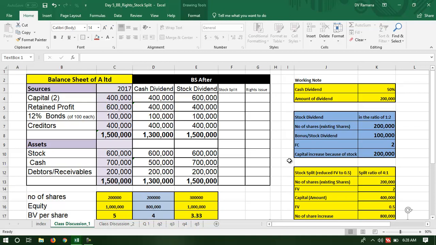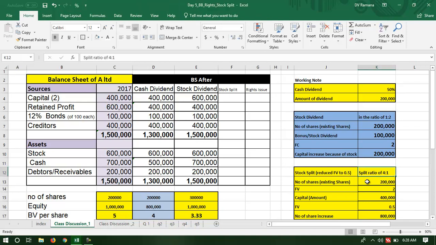So what happens? If it is in the ratio 4:1, I'm reducing the face value. The existing number of shares is 200,000. Existing face value is 2. So existing capital is 400,000.